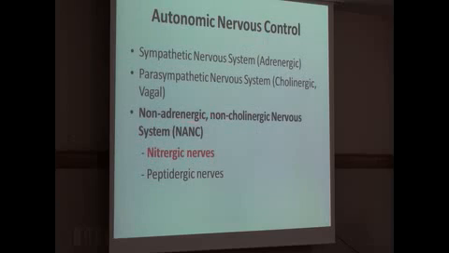Now, it's amusing because, as I was about to say, we talked for many years of non-adrenergic, non-cholinergic nervous system, which is a very sophisticated name, and we abbreviated that into NANC nerves. And if you go back to old papers of about 15 or 20 years ago, you will see NANC nerves. And you may wonder what NANC means. Well, NANC means, in other words, I don't know what I'm talking about.